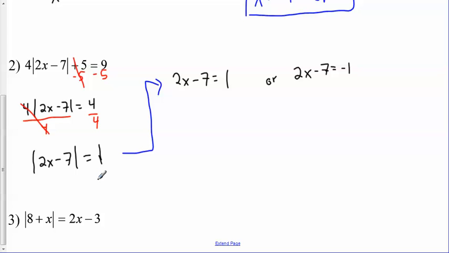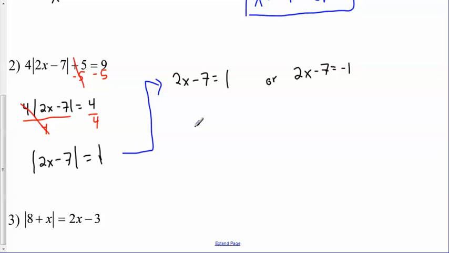I interpret that into the distance of the expression 2x minus 7 is 1 unit from 0 on the number line. And that is how I can split it into the two equations, and why the variable expression in the absolute value bars does not change. You're finding the distance of that object.